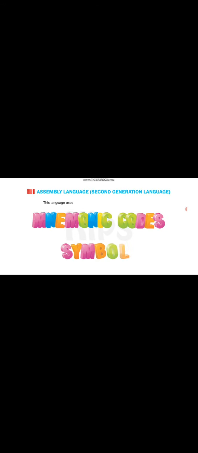In this language the ones and zeros are replaced with symbolic terms called mnemonics, and therefore the user can learn this language faster than machine level language, and they don't need to type 0010 for addition.